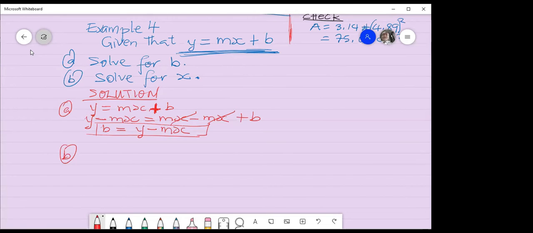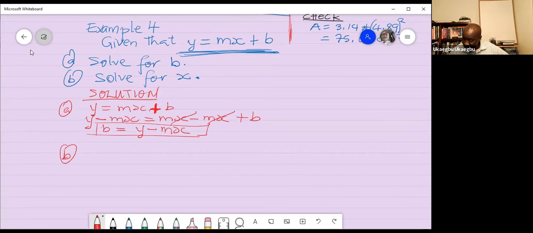You want to isolate B, and you have a plus that is separating everything else from B. So you have to do an operation that eliminates it. If it moves to the other side, it becomes minus. So this is correct, just because we have plus here. All right. Now let's move on.